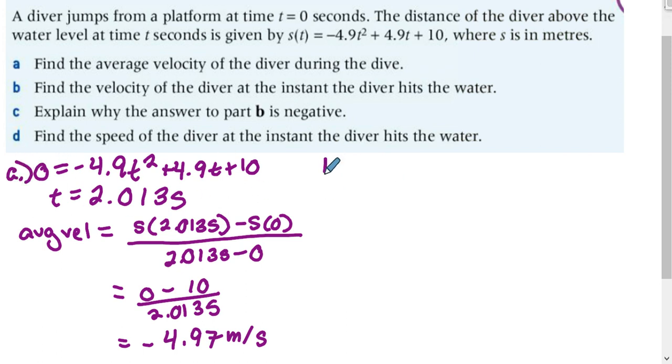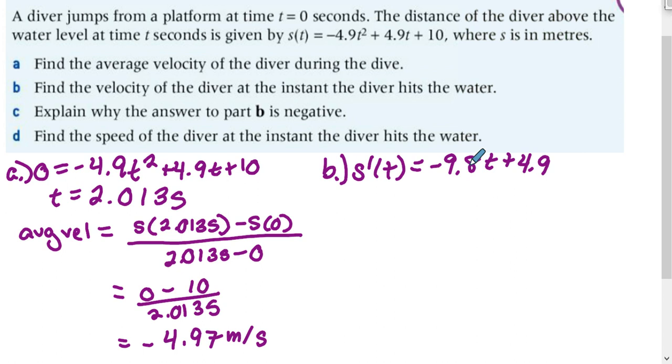But again, first thing, you had to figure out how long it took that dive to happen. Part B then says find the velocity of the diver at the instant the diver hits the water. So now what we're looking at is finding how fast he was going right that instant he touched the water. If I want to find that instant, what do I have to calculate? The derivative. I have to find the instantaneous rate of change. Therefore, I have to calculate s prime of t.